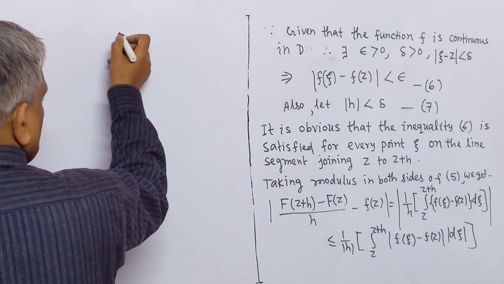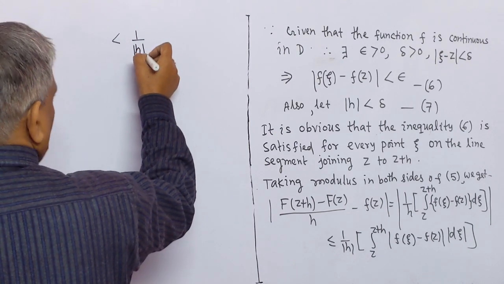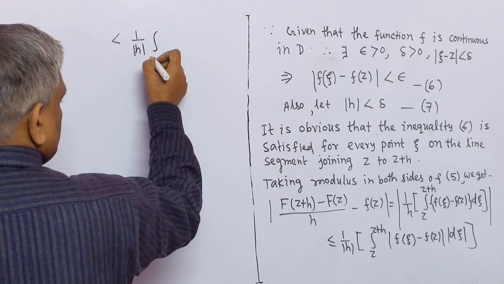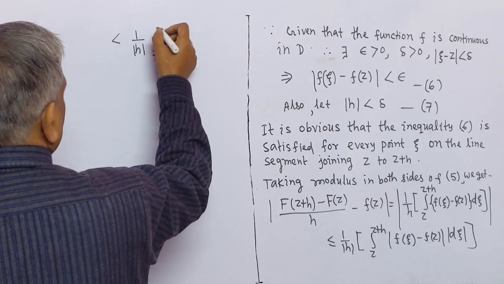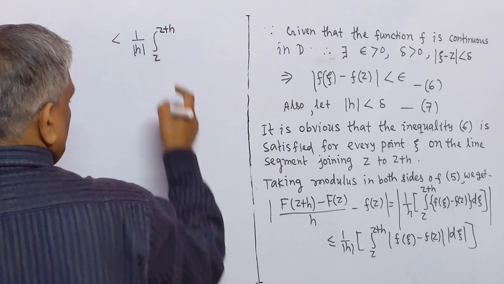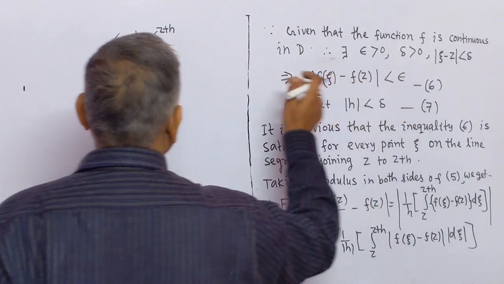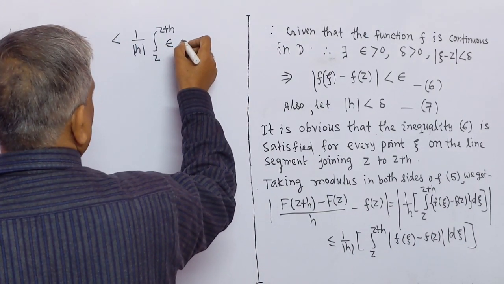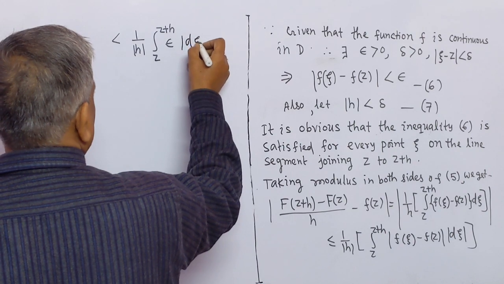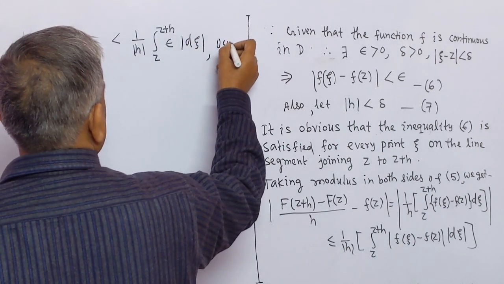This is less than 1 by modulus of h times the integration from z to z plus h of epsilon d xi, using 6.